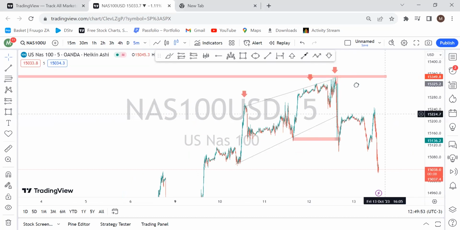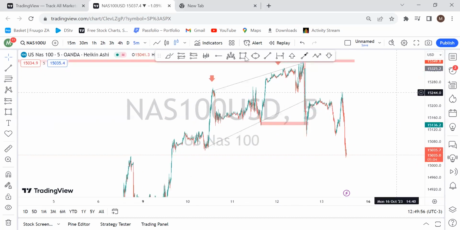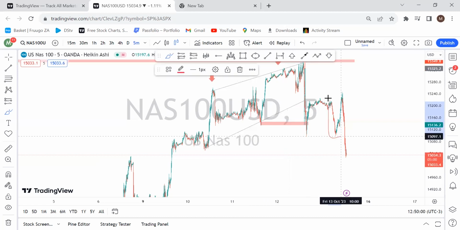And then the price decided to fall, and then we had this sell. I think it was during the New York session, 3 p.m. When was it? I think yesterday or the day before yesterday. Forgot really.